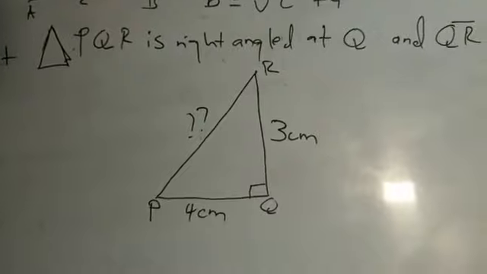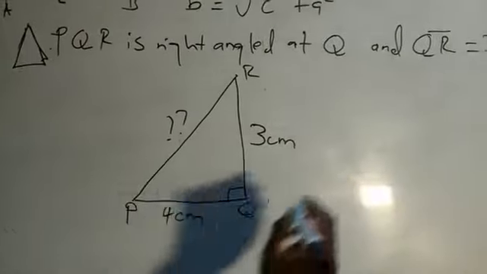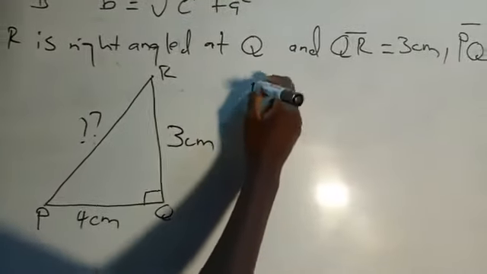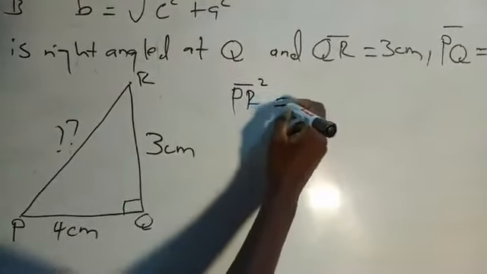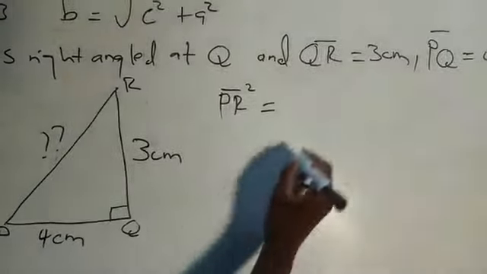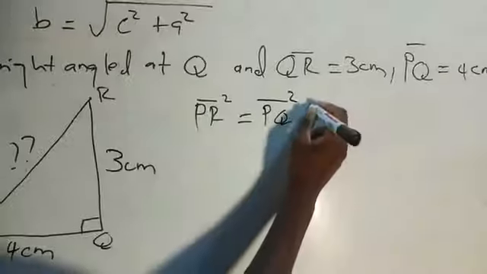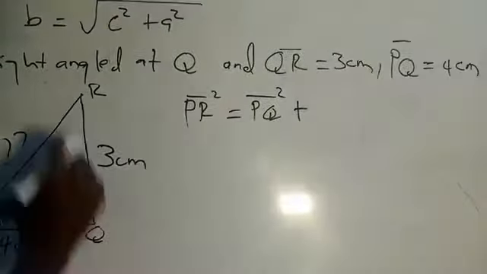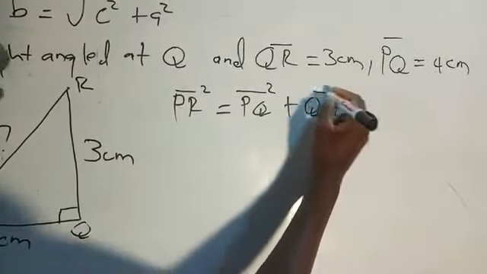So by applying Pythagoras theorem, it will be PR squared equaling to PQ squared plus QR squared.